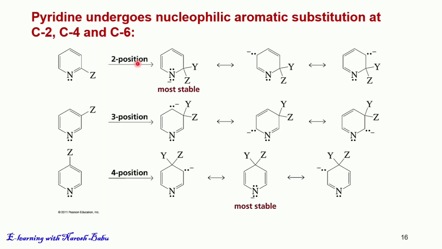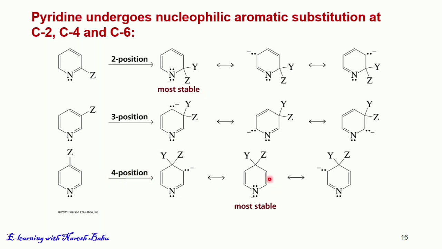So at the 2, 6 positions, if the nucleophile attack takes place, we can see the negative charge forming on nitrogen. In electrophilic aromatic substitution, positive charge forming is more unstable, but negative charge is more stable. So the second and sixth positions give the more stable resonance form.